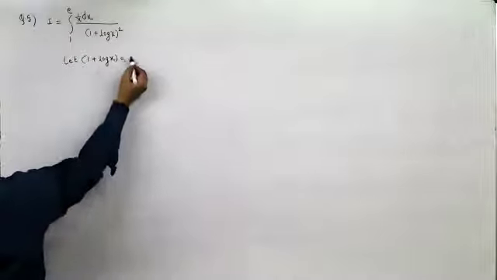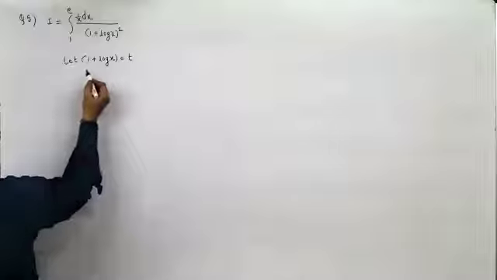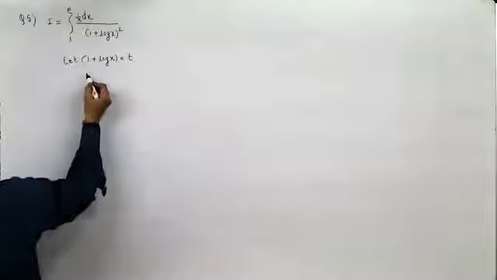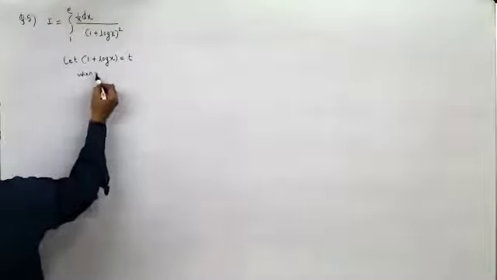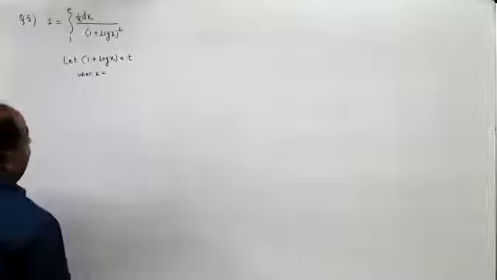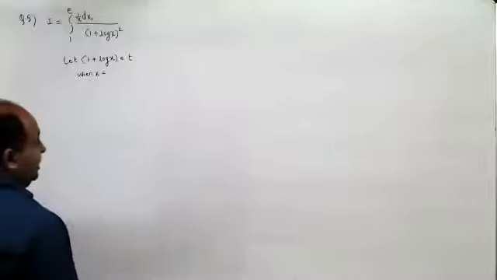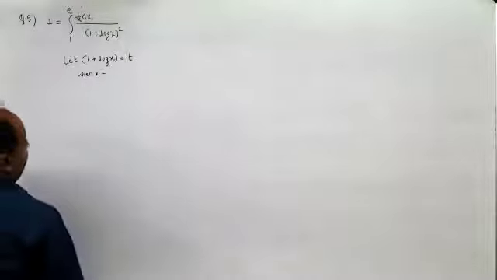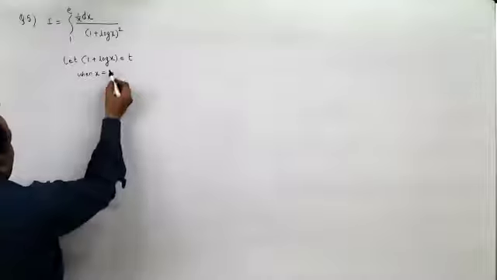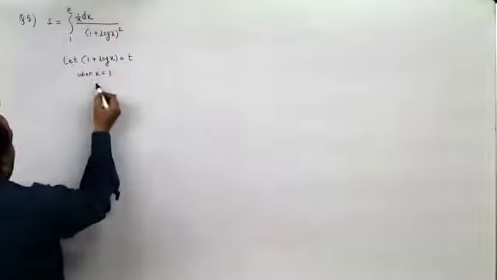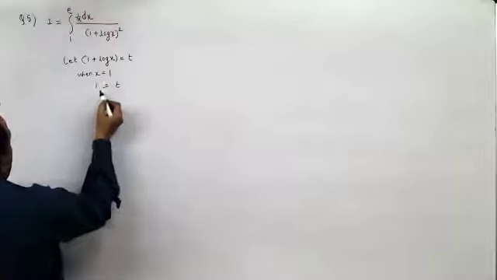When you take 1 plus log x as t, here this would be when x is 1. You took 1 plus log x as t, or you took log x as t? So 1 plus log x. Okay, so when x is 1, 1 plus log 1, that is 0, so t is 1.